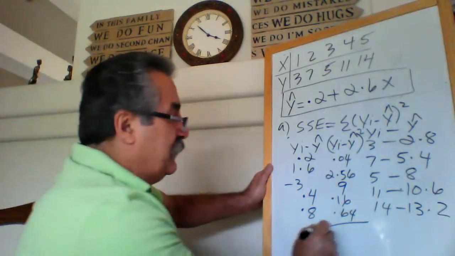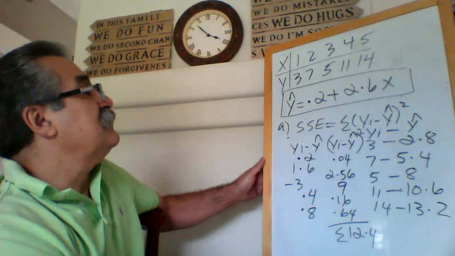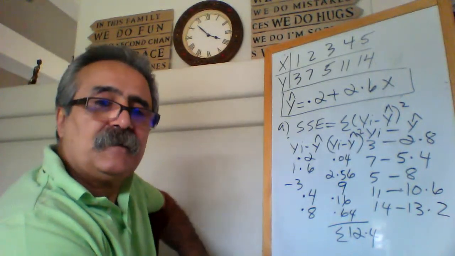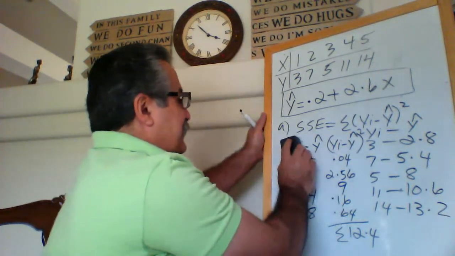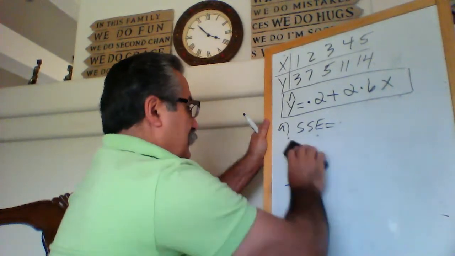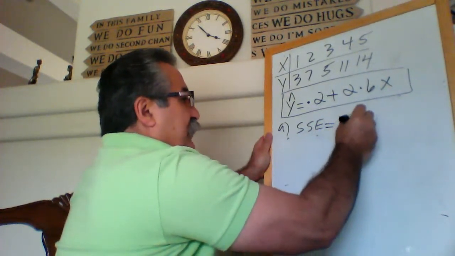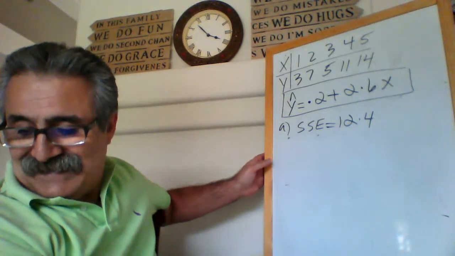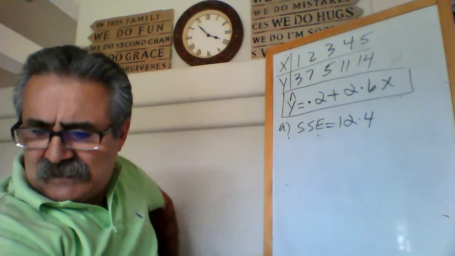We add them all up, sigma, 12.4. So our SSE would be 12.4. I should have kept those y hats, but that's okay.